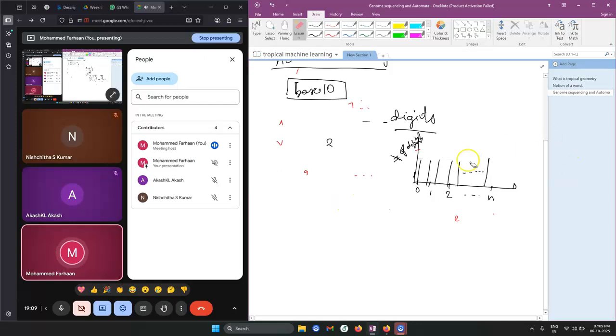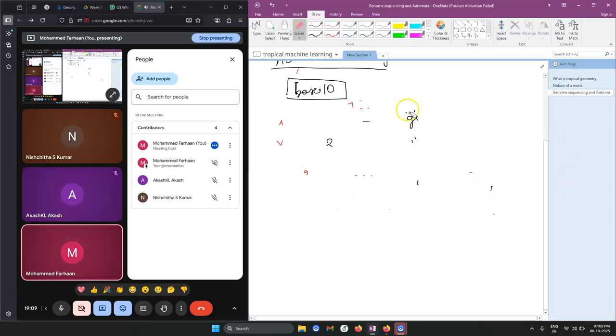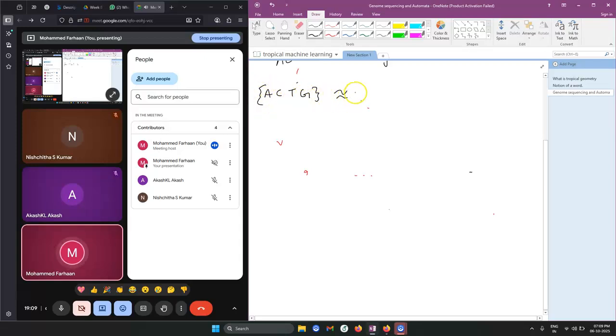In our approach, we're treating A, C, T, G as equivalent to our set 0, 1, 2, 3, which is exactly the same as our base 4 representation of a number. So, what do we mean by base 4?